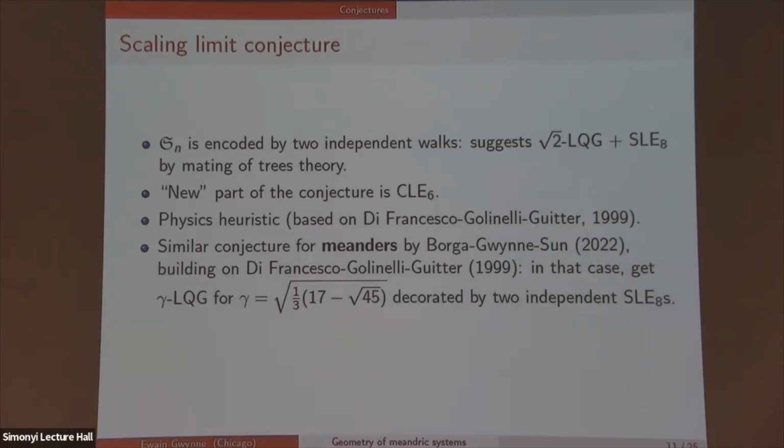So it's a generalization of the arguments used to get conjectures for scaling limits and exponents for meanders. And then we also have a substantial amount of numerical evidence supporting our conjecture, some of which comes from an earlier paper of Kargin, and then we, by which I mean mostly Minjae, also did some simulations of these meandric systems, which are also consistent with our conjectures.